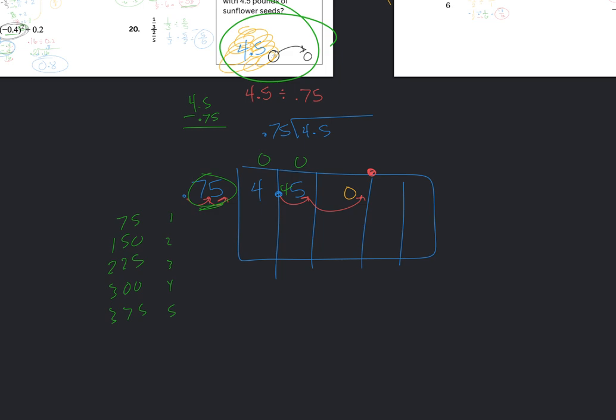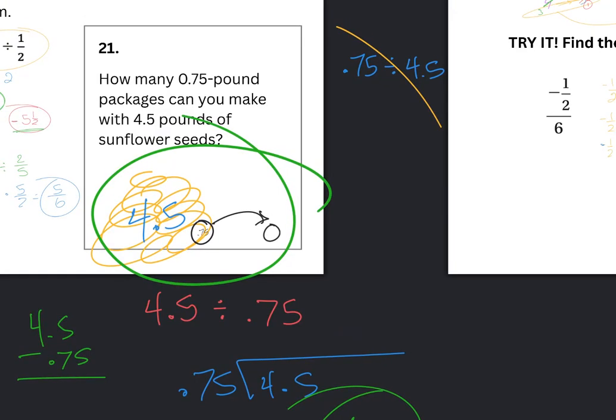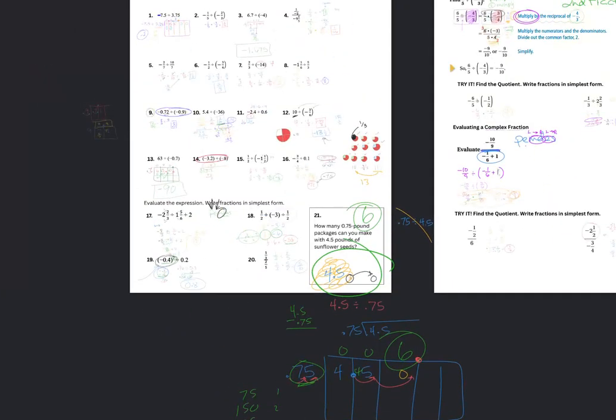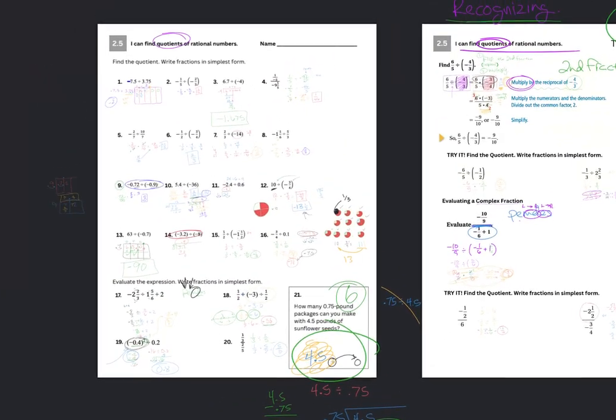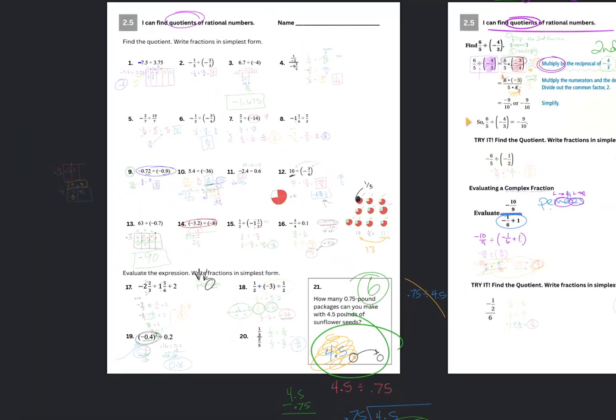And then another 75 cents. We're up to $4.50. Uh-oh. This just goes into it 6 times. You can make 6 bags. You can have 6 3/4 pound packages. So I did a little bit of extra explaining here, obviously. Let me know what questions you got.